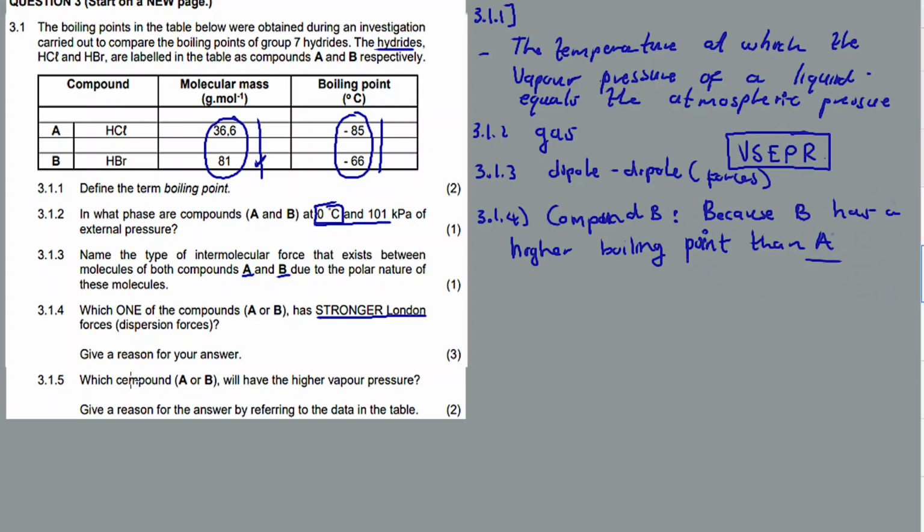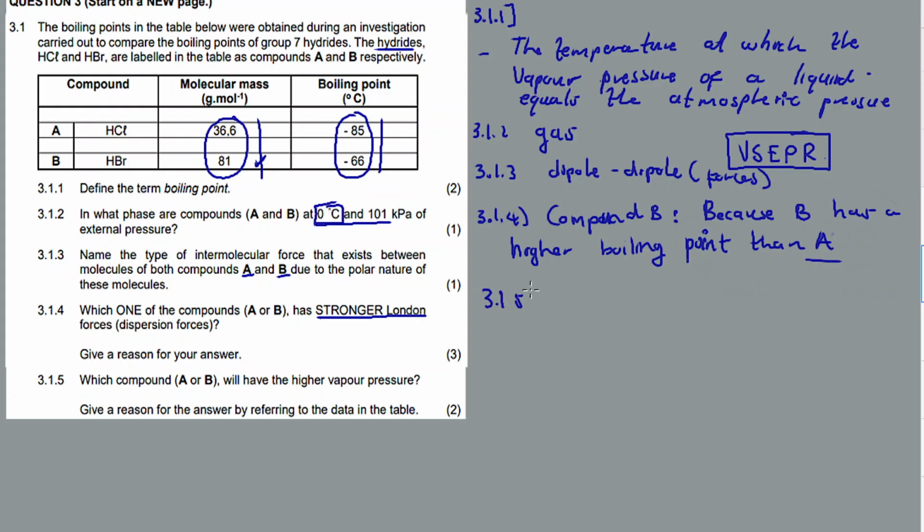Right? Then with 3.1.5, which compound A or B will have a higher vapor pressure? Give a reason for the answer by referring to the data in the table. So okay, 3.1.5.